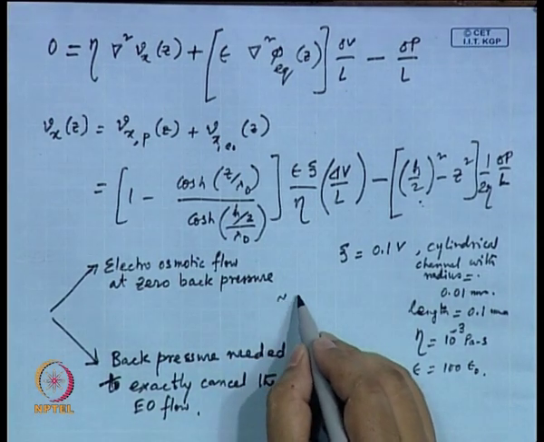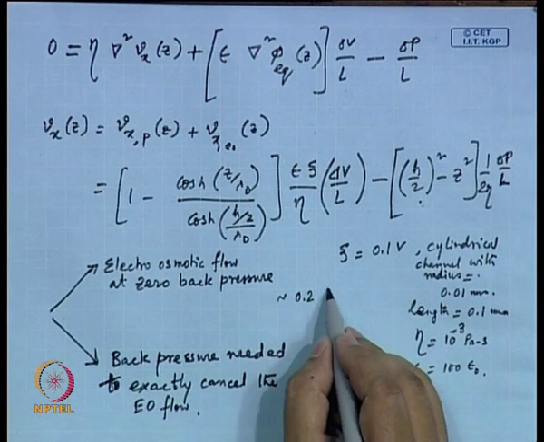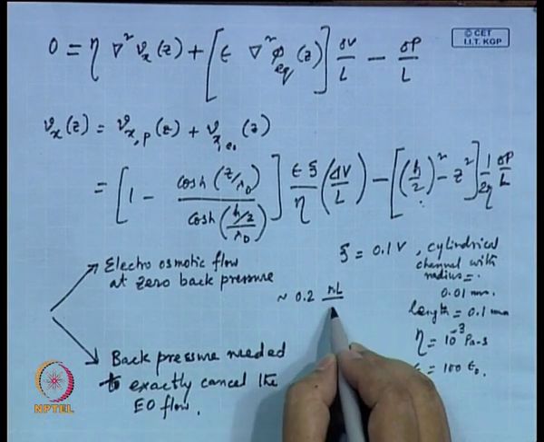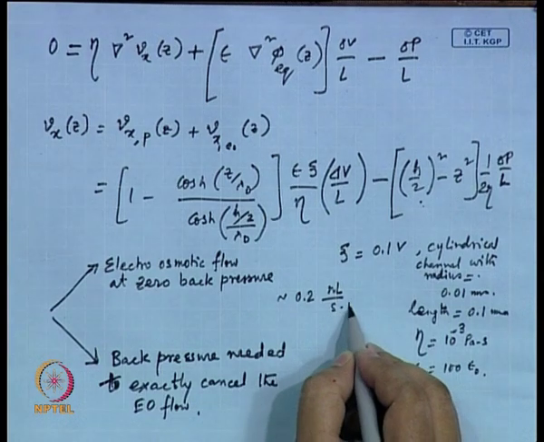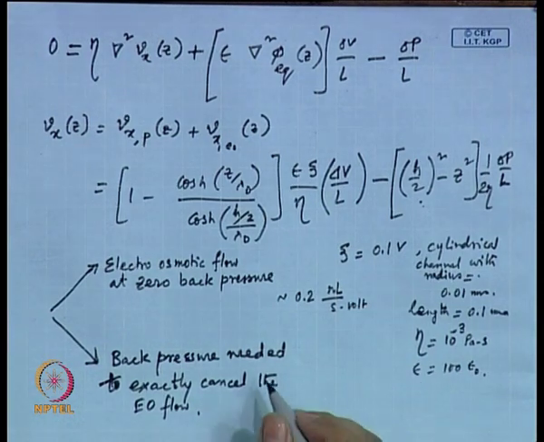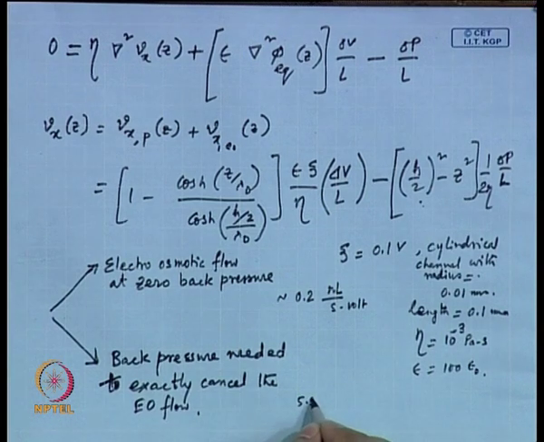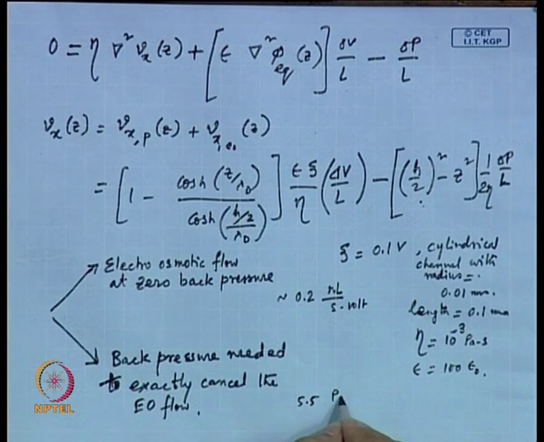This electro-osmotic flow would be about 0.2 nanoliter per second per volt, and this back pressure would be 5.5 Pascal per volt.